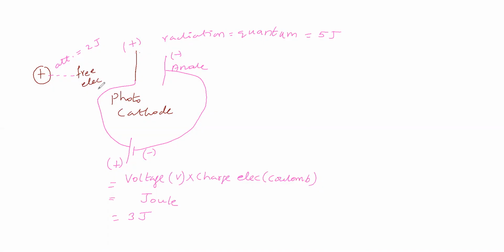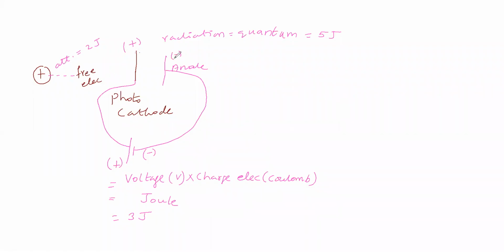This external battery is making the electron not come out from the photocathode, because due to this external battery, the photocathode is getting positive charge. This positive charge will attract its free electron.